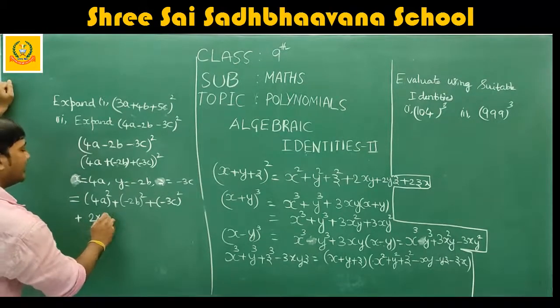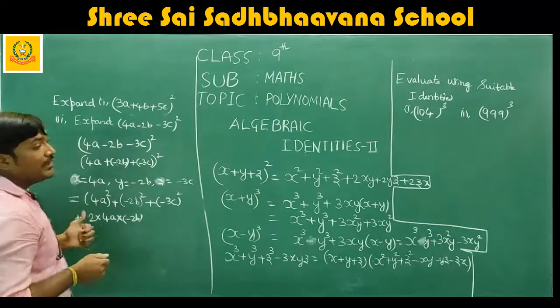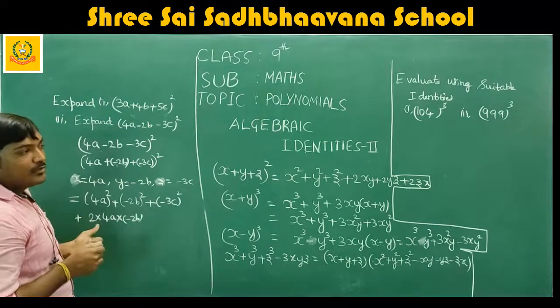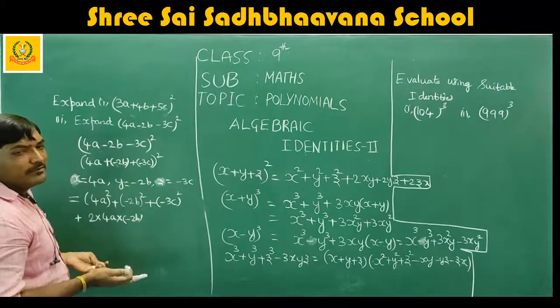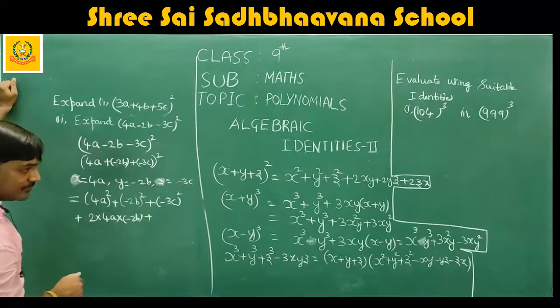2xy, 2 into x, which is 4a, into y, minus 2b. Be careful with the signs, because if you make any mistake with the signs, definitely you are going to lose marks, or you will not get the perfect answer. Obviously, your answer will be wrong. So be careful with the signs.